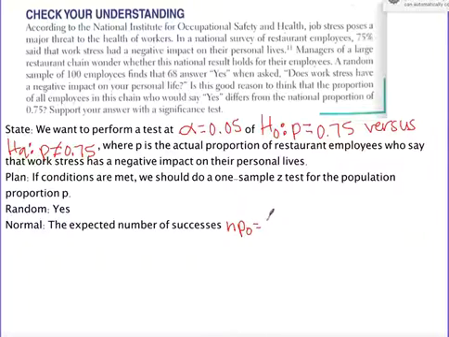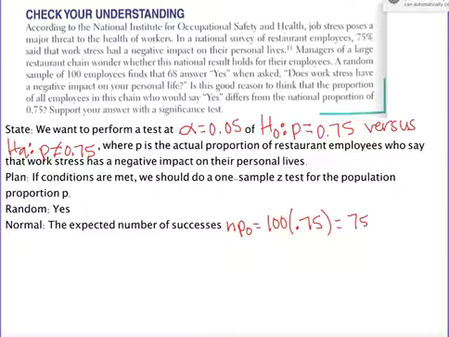Our sample size was 100, our P0, 0.75. So 100 times 0.75, 75.